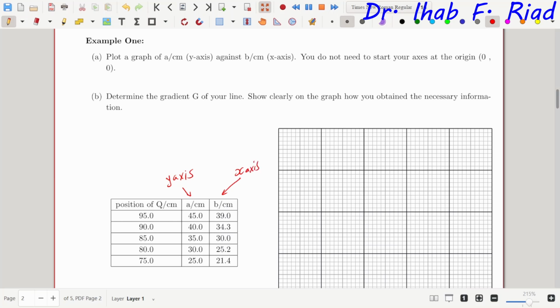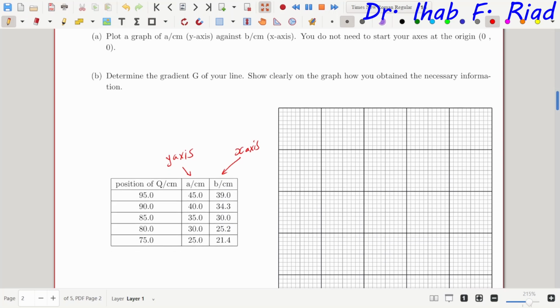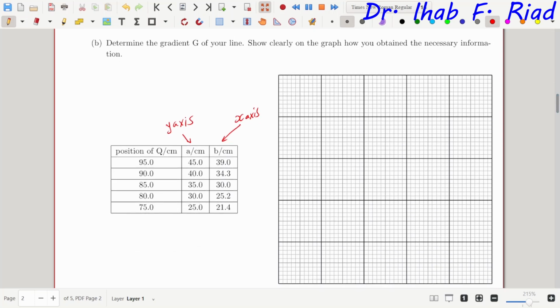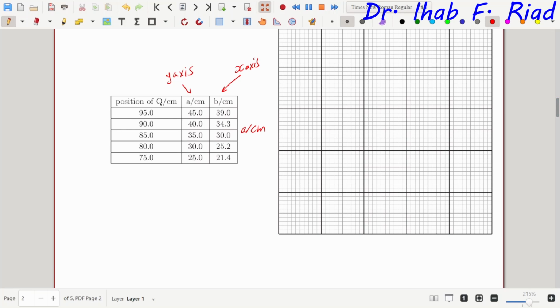Okay, now I'm going to label the axes on my graph. So on the y-axis I have A in centimeters. On the x-axis I have B in centimeters.